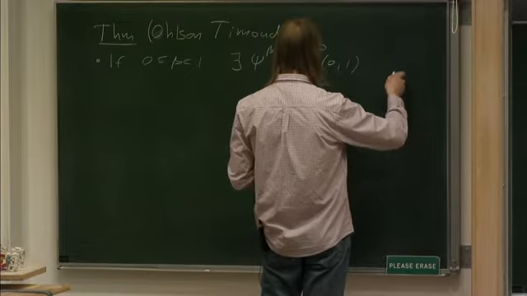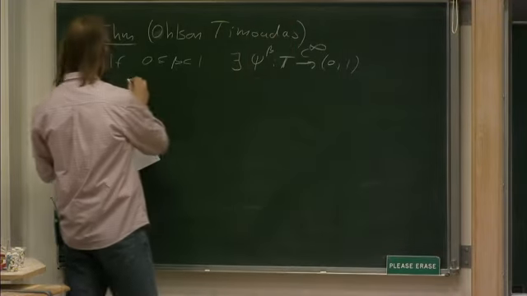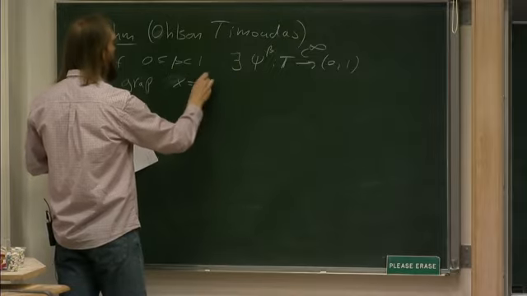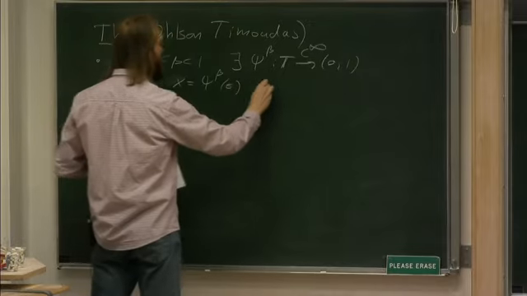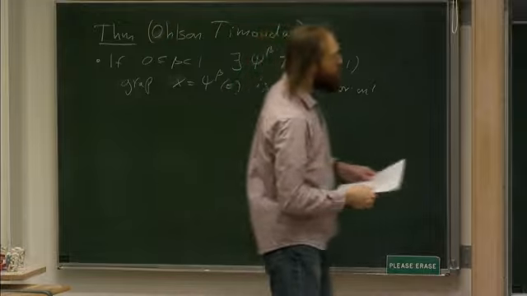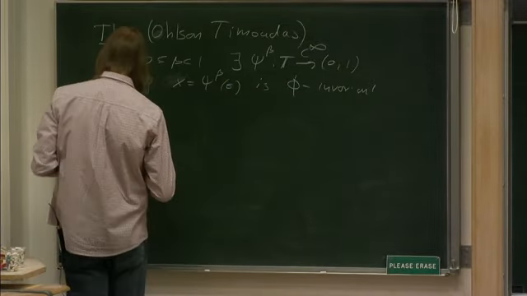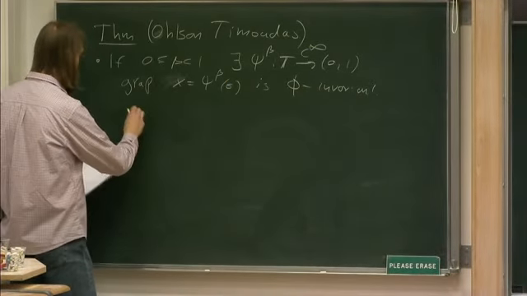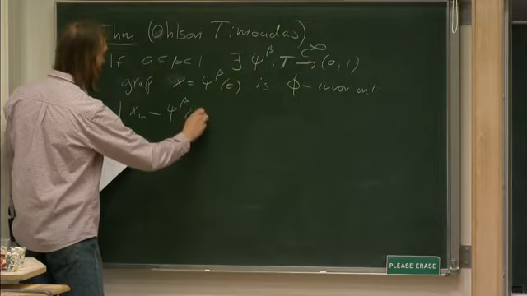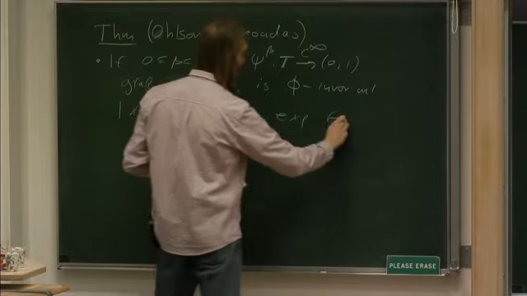And the graph x is equal to psi beta of theta is phi invariant, meaning this, that you have it for all theta. And again you have that x_n minus psi beta of theta_n goes to 0 exponentially fast.